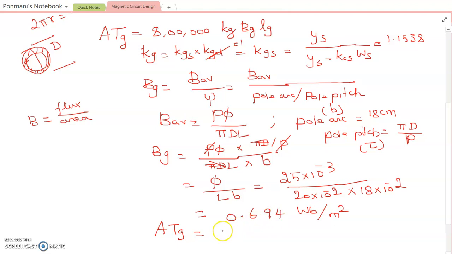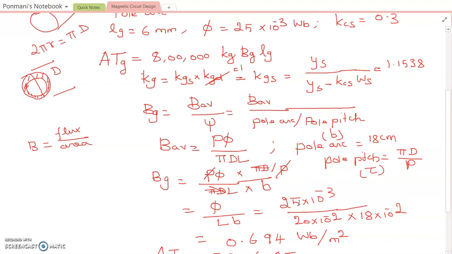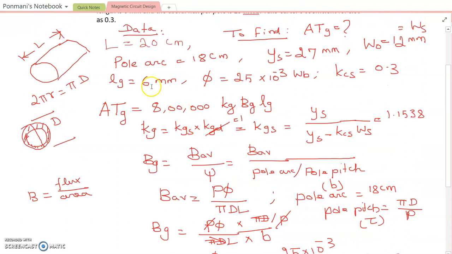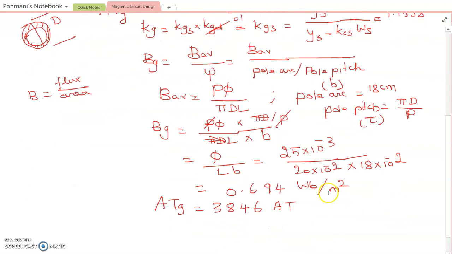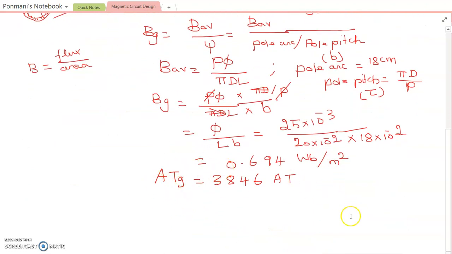After substituting everything, we get the answer 3846 ampere turns. We substitute Kg as 1.15, Bg as 0.694, and Lg given in the problem as 6 mm. So this is what we needed to calculate in this problem.